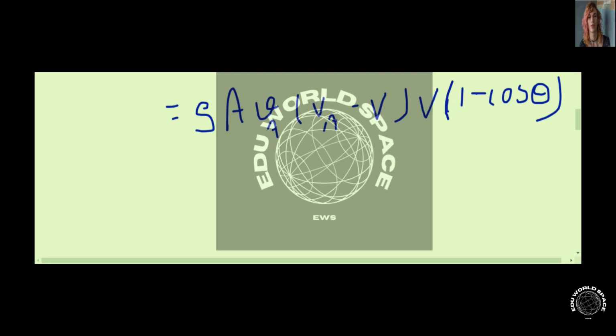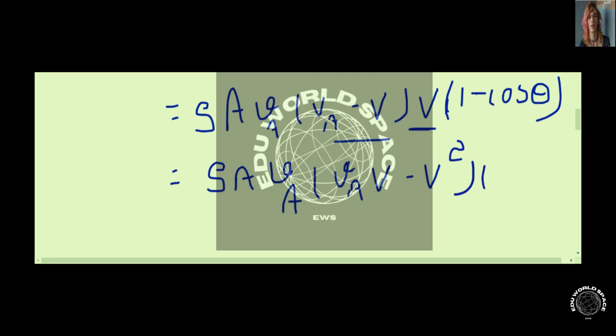Here I'm going to multiply this v into the bracket. So I can write rho A V_A times V_A v minus v square into 1 minus cos theta.